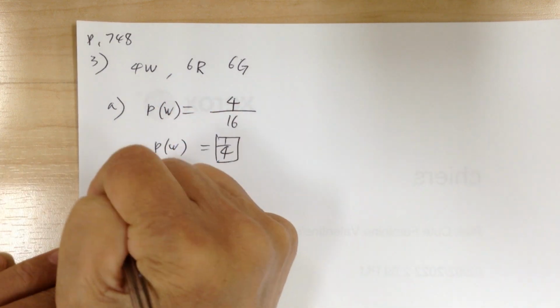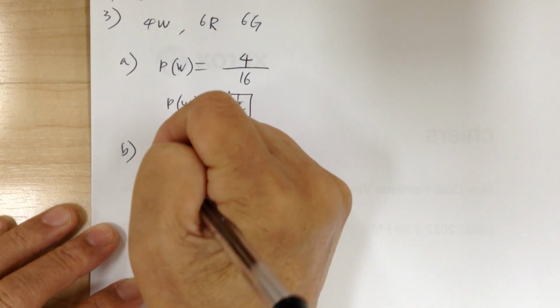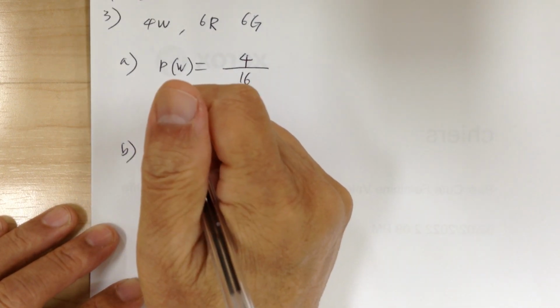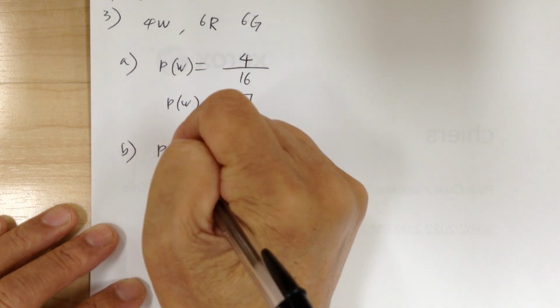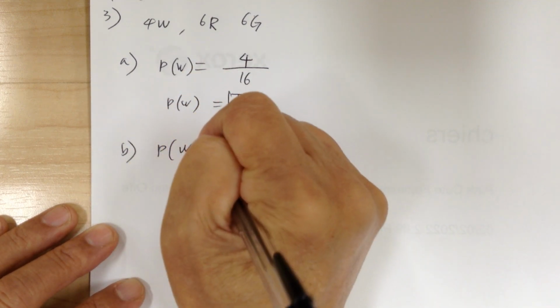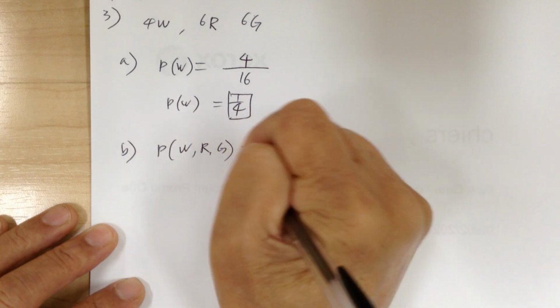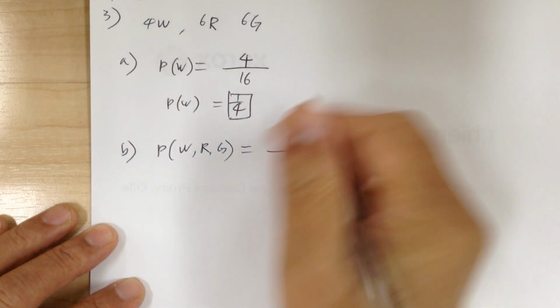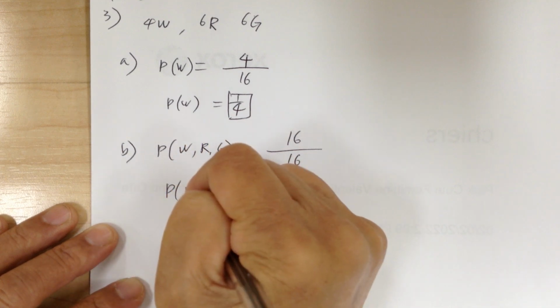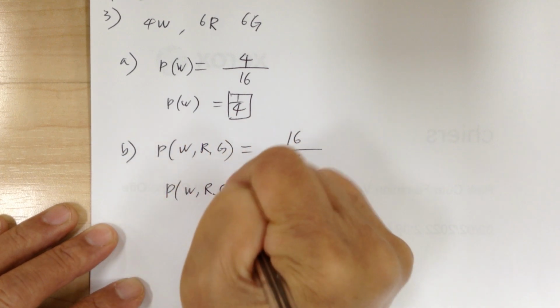For part B, it's white, red, or green. Well, white, red, or green, you're going to get 16 out of 16. So the probability of getting white, red, or green equals 1.